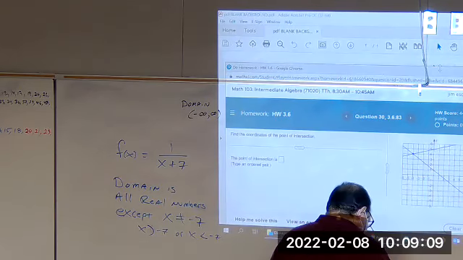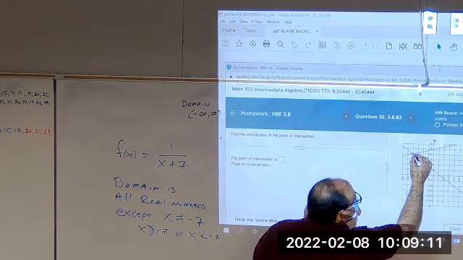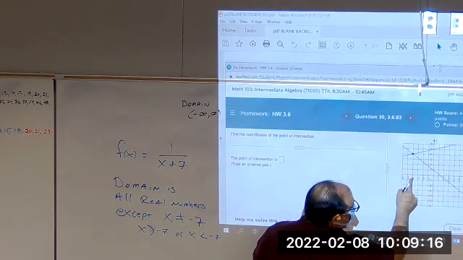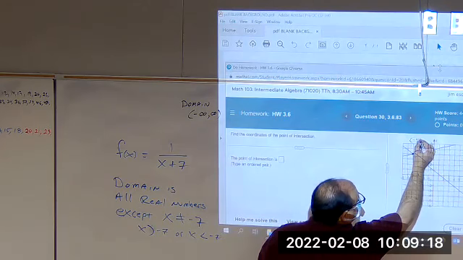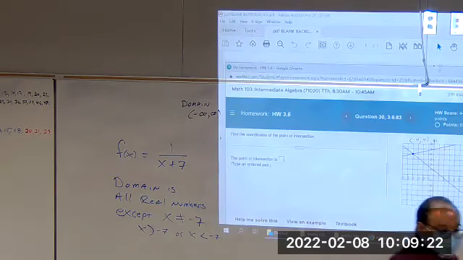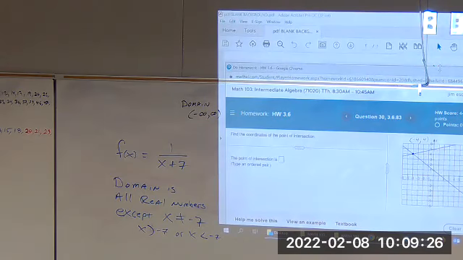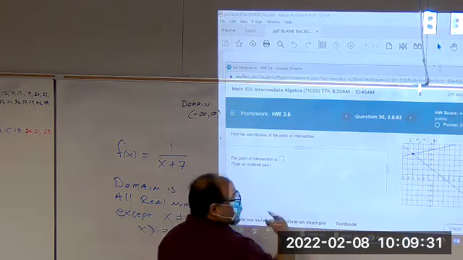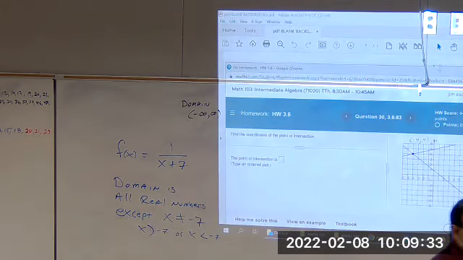Well, they line it up pretty well. So they want the ordered pair where these 2 lines intersect. So right here, x is -4, and the y is +4. So nothing fancy. How do I know that's not an interval instead of an ordered pair? Because they're asking for an ordered pair, the context of the question.